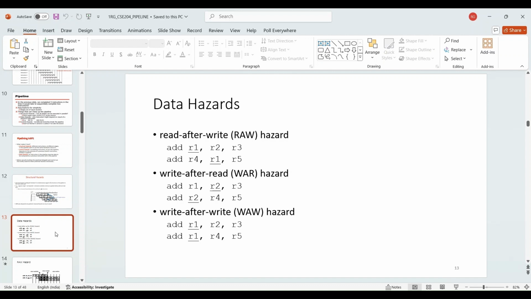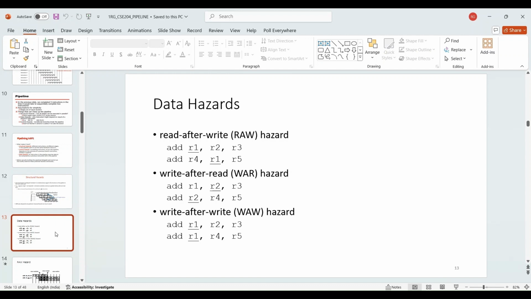Similarly, the second instruction adds R1 with R5 and keeps the result in R4. Now you can see these two instructions have a common register R1 and there is a data dependency. The second instruction must read R1 after the first instruction has written it in R1. And this is called data hazard, and this kind of hazard is called RAW hazard, or read after write.